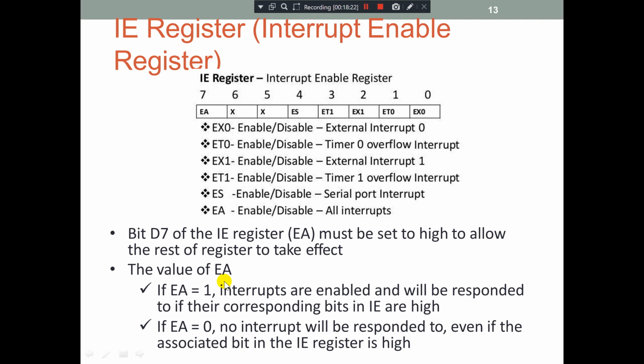Again, if EA, that is all interrupts, is 1, the interrupts are enabled. If it is 0, no interrupt is responded to, that means it is disabled.